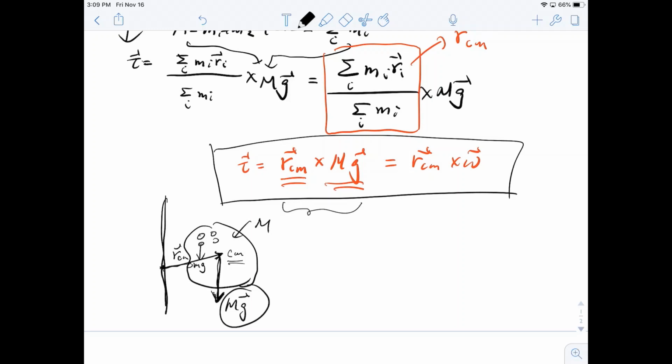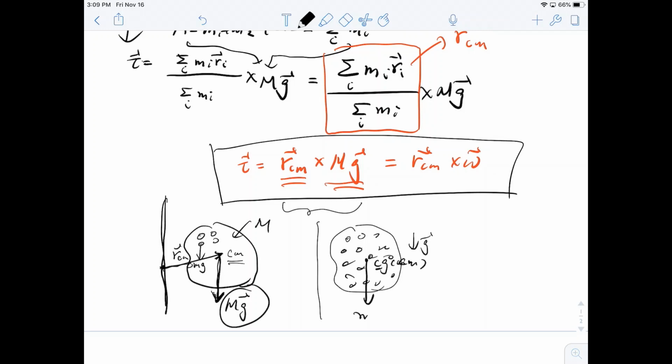Even though you have an object with mass distributed everywhere in the entire body, you can view everything due to the gravitational force as concentrated on the center of gravity or center of mass. These two are equivalent in most situations.